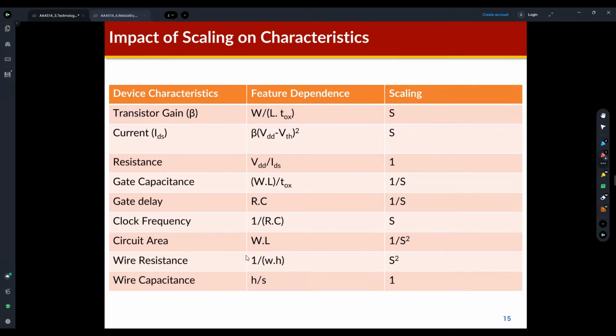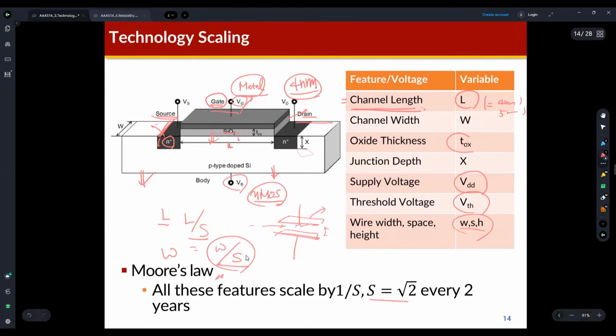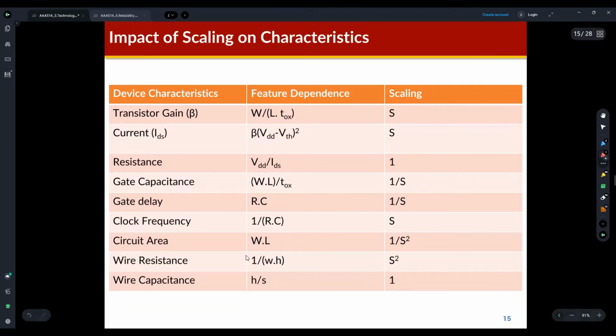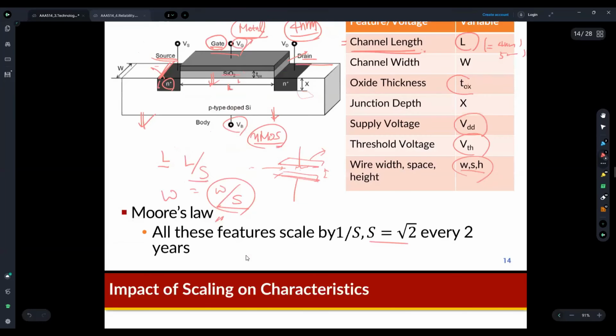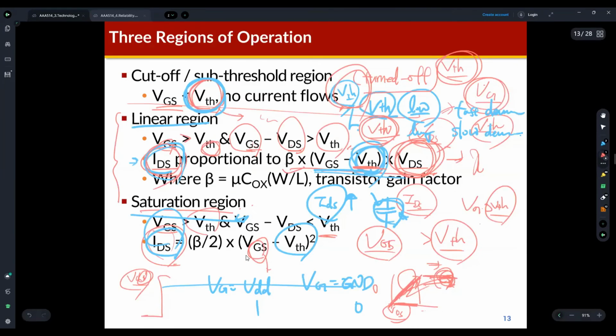If the MOS transistor is scaled down with the scaling factor S, we can calculate these MOS transistor characteristics. The transistor gain is called beta here, and you can find it on this slide.